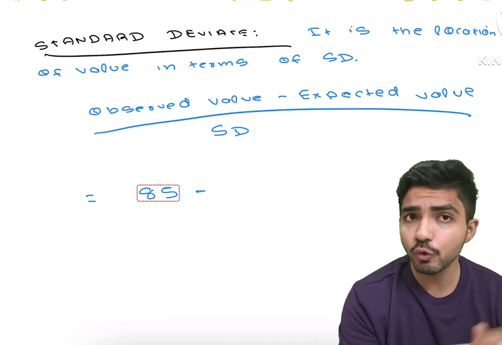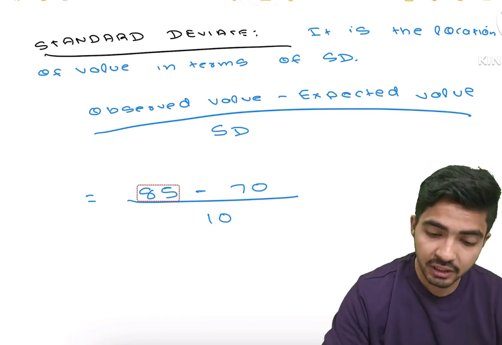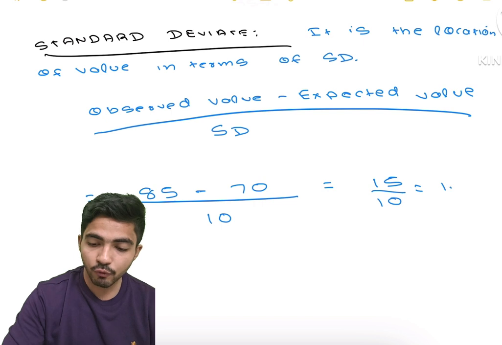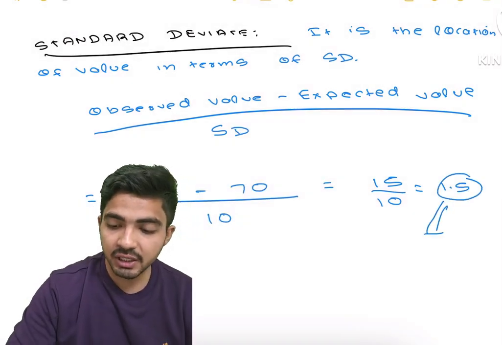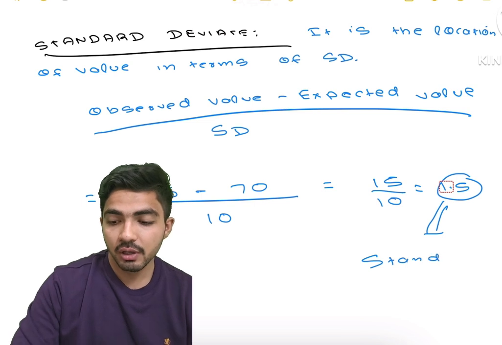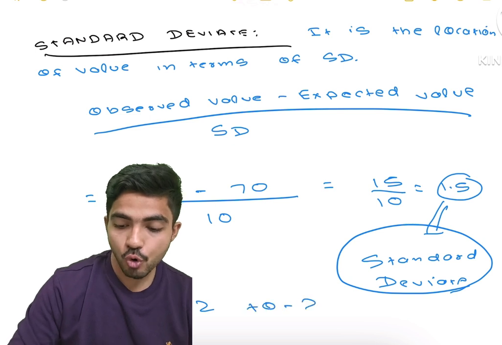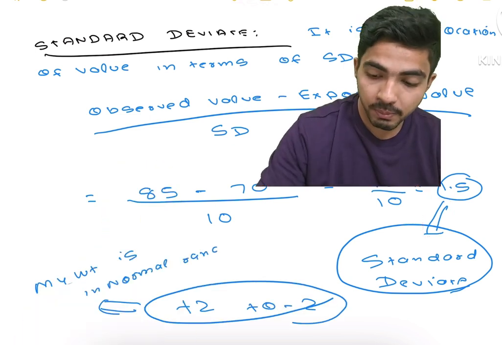Mean in this case was 70 kilogram, and standard deviation was 10 kilogram. So it comes out to be 15 by 10, 1.5. So my standard deviate is 1.5. It lies between +2 to -2. So my weight is in the normal range.